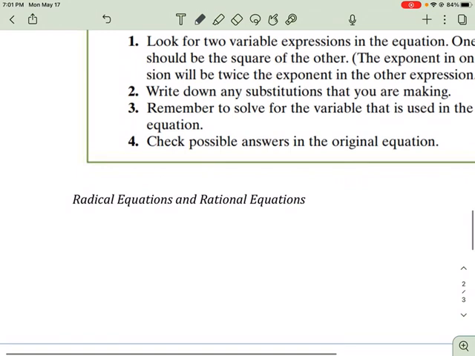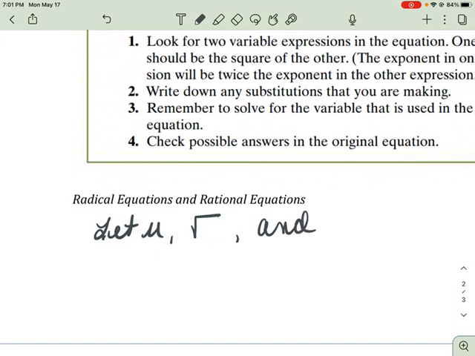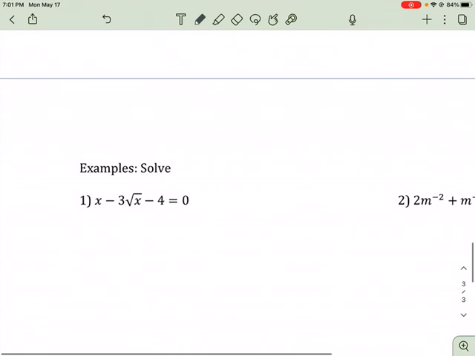What we're going to do is, again, the let u thing, but now we're going to be involving square roots and fractions. So our let u's now are going to be more than just an expression or a variable. It's going to involve some things that are a little bit more complicated. But again, always look to the middle term to figure out what your let u is going to equal.